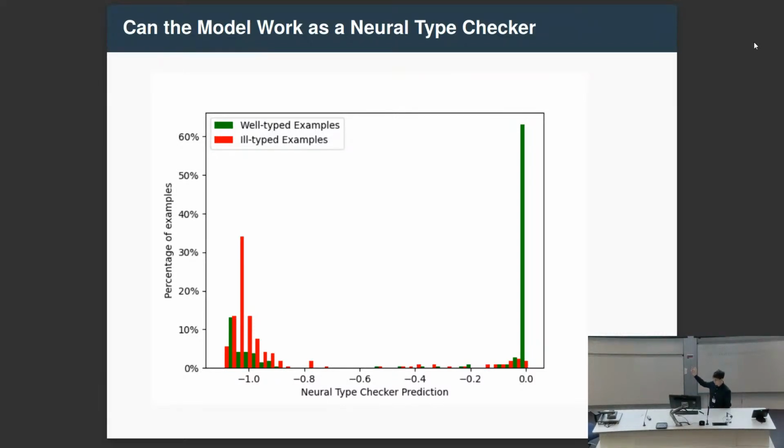On the y-axis there's the percentage of examples, and on the x-axis is the model's prediction for the expression. So -1 means it's going to be incorrect, and 0 means there's nothing wrong with the expression, meaning that the expression is correct.